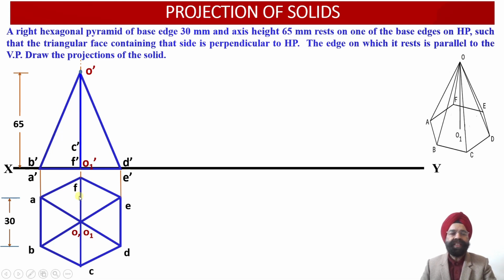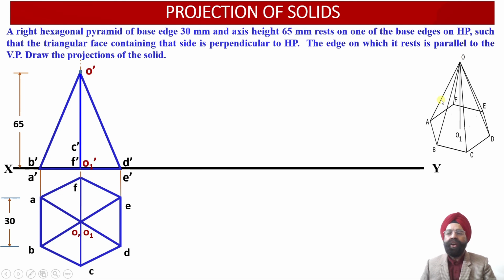But this edge OA is overlapped by edge OB, which is visible to the observer from the front. You can see this is the edge OB. So this will be overlapping the edge OA. So OA is not visible while OB is visible.